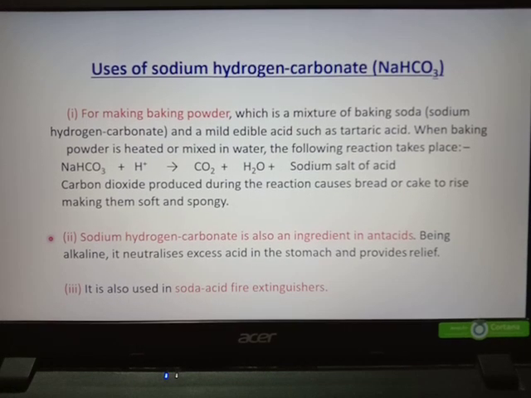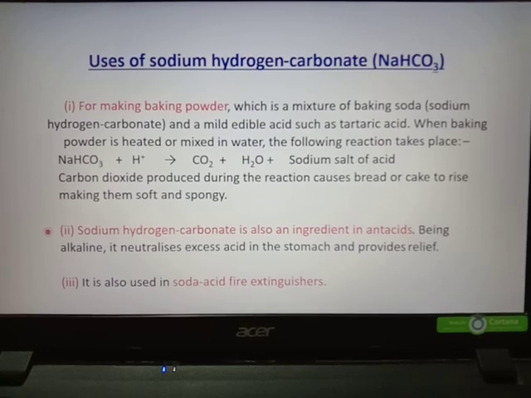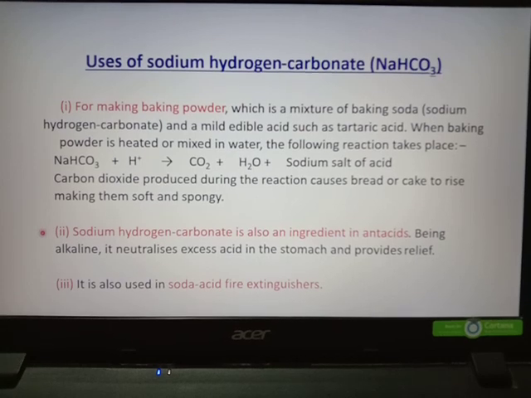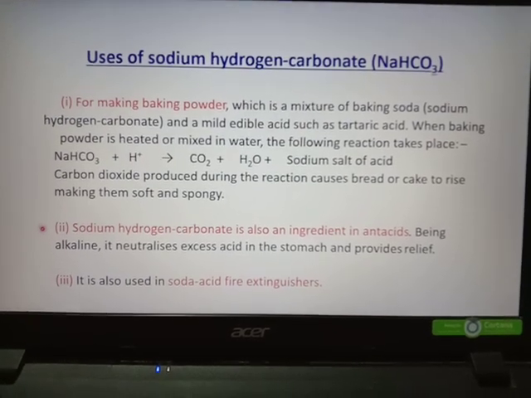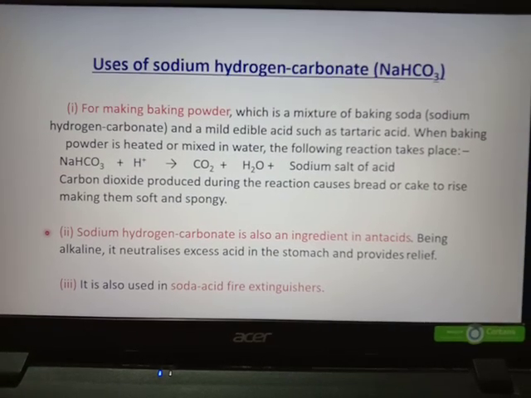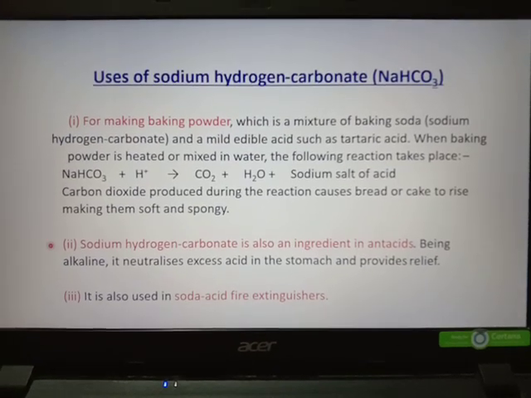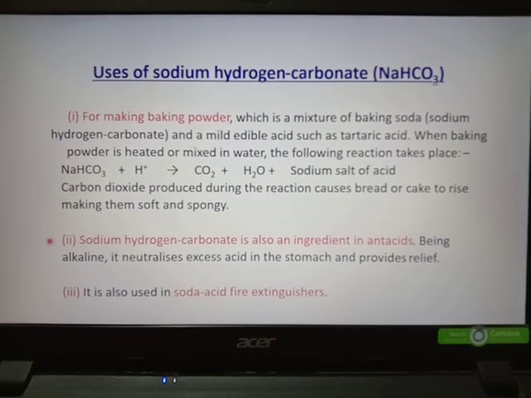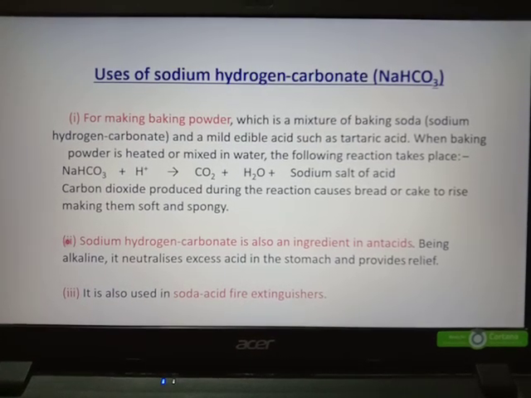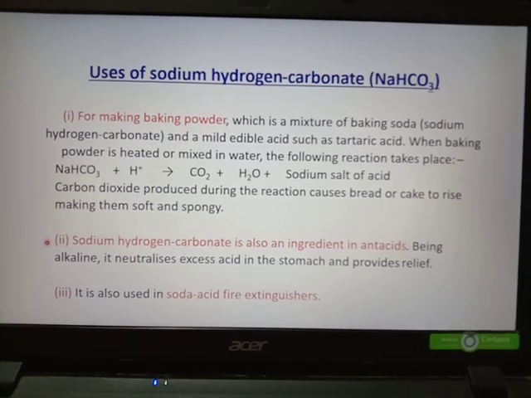Children, another use of sodium hydrogen carbonate is that it also acts as an antacid. Antacid, I told you earlier children, is actually a mild base. Sodium hydrogen carbonate is also a mild base. When we get an indigestion problem due to the production of excess HCl in our stomach, it is neutralized by having some mild base, and the mild base could be this sodium hydrogen carbonate.